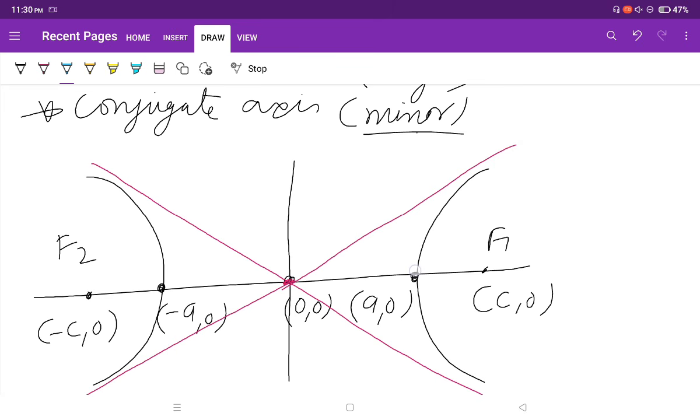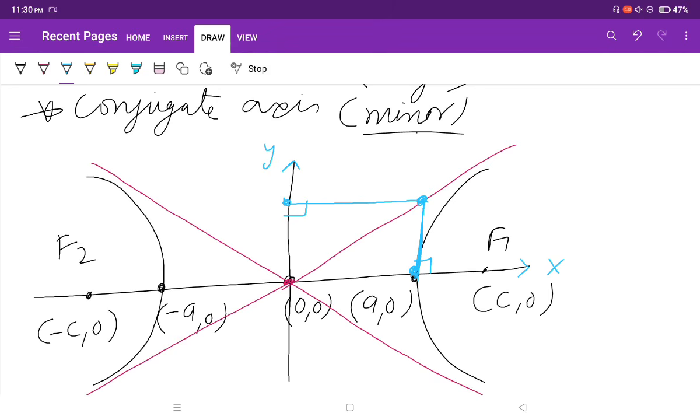Now we will take the vertex and draw a perpendicular to the x-axis. The point where it cuts the asymptotes, we will draw another perpendicular to the y-axis. Right?